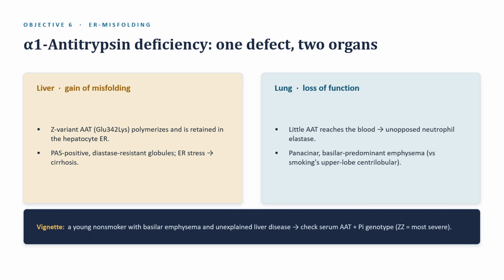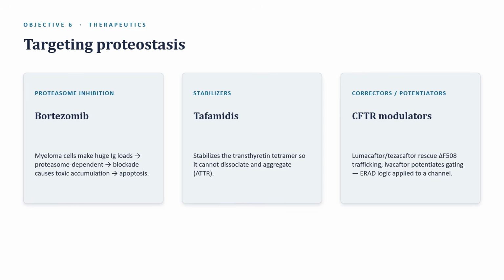The reverse of the upper lobe pattern you see with smoking. The vignette to lock in is at the bottom. A young non-smoker with basilar emphysema and unexplained liver disease. Check the serum level and the Pi genotype. The ZZ genotype is the most severe.